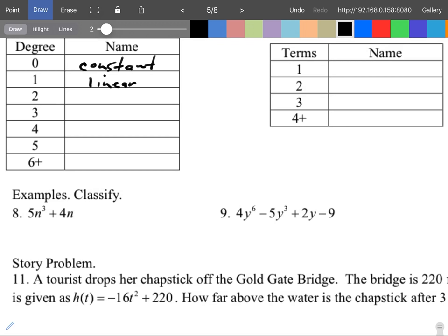If it's of degree 2, then it's called quadratic. If it's of degree 3, it's called cubic. If it's of degree 4, it's called quartic. Degree 5 is called quintic.